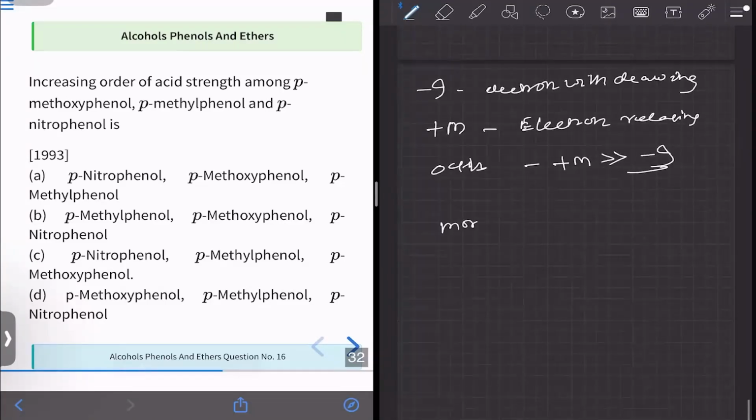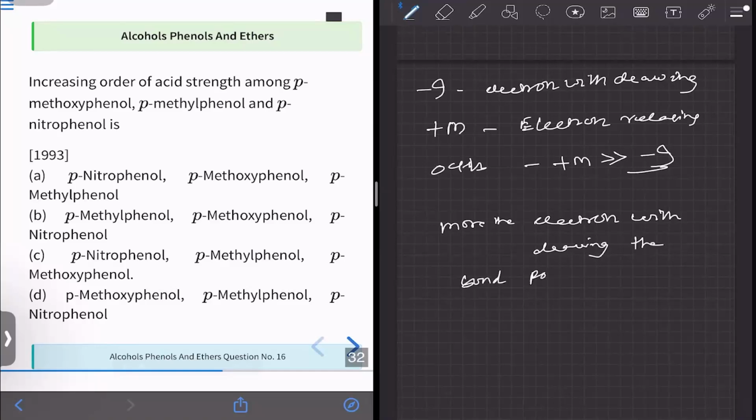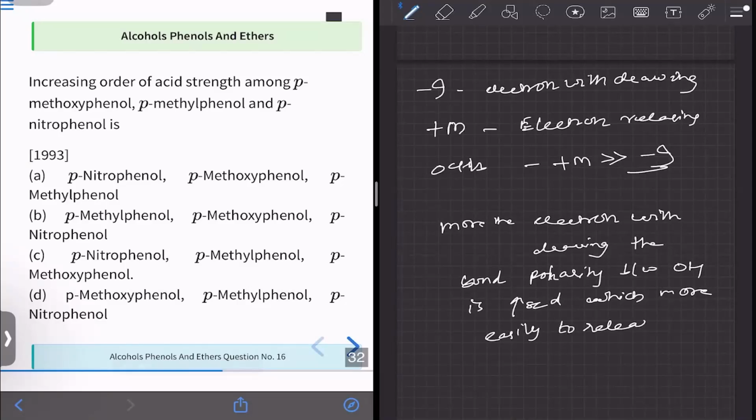The more electron withdrawing the group, the more the bond polarity between O and H is increased, which makes it easier to release H plus.